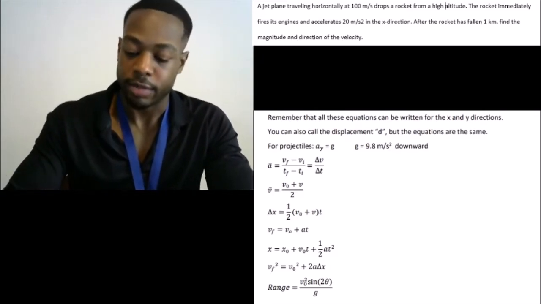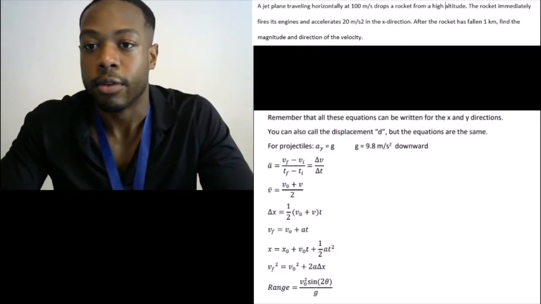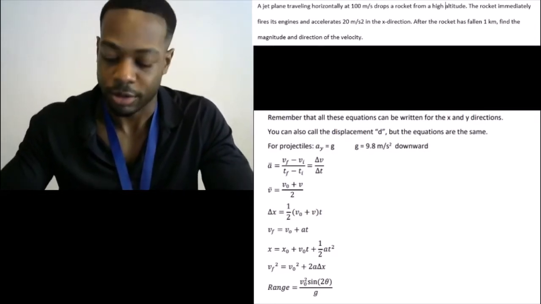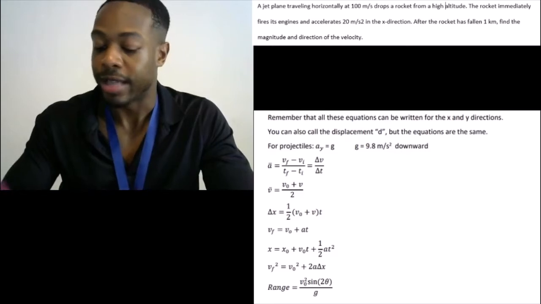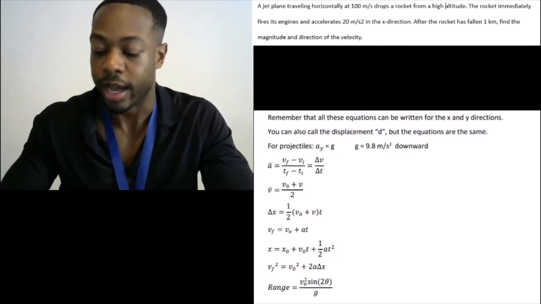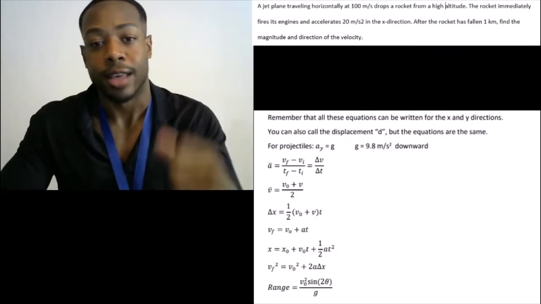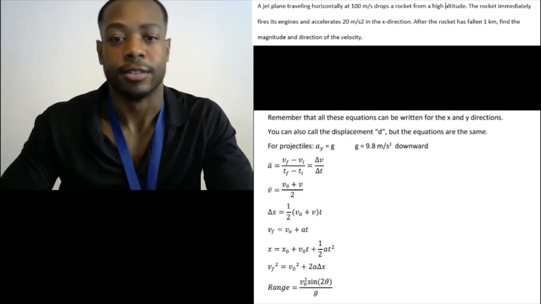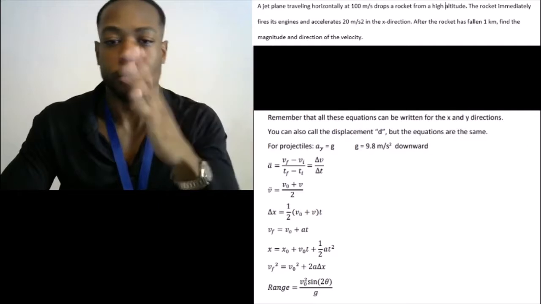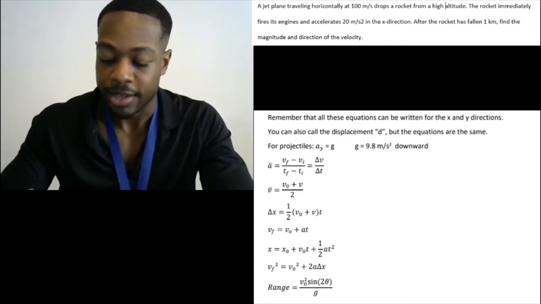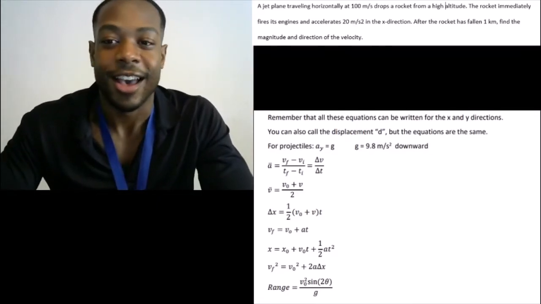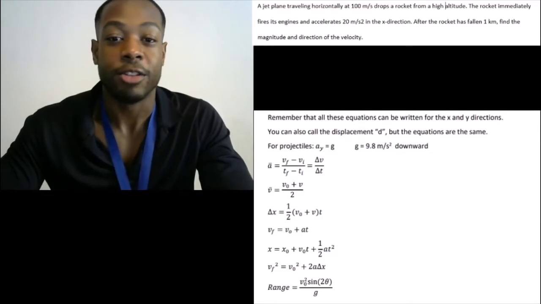So we've got a Y displacement of 1 kilometer, which is 1,000 meters, which you should know. We're actually going to say it's negative 1,000 meters because it's going down. Just a good idea to set down and to the left as negative, and up and to the right as positive. As you guys know, find the magnitude and the direction of the velocity.